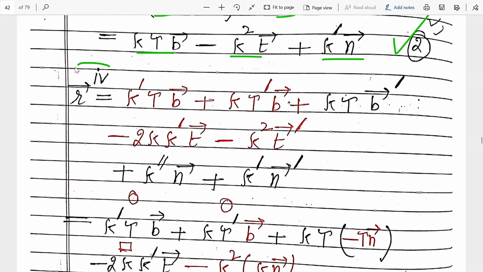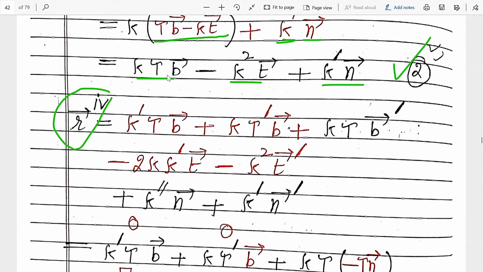So this will be r fourth. Now differentiate, the first term contains 3 factors, the second contains 2 factors, and the third again contains 2 factors. So first I take the first term, kappa dash tau b, then kappa tau dash b, and third, kappa tau b dash.